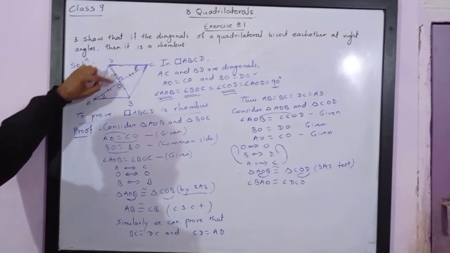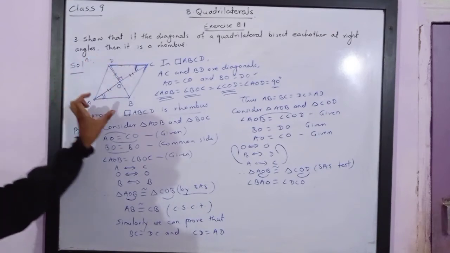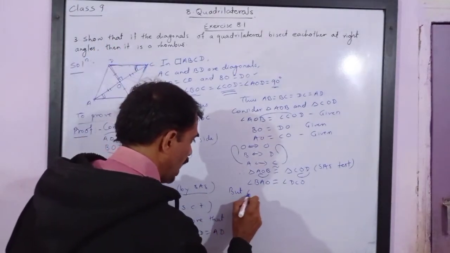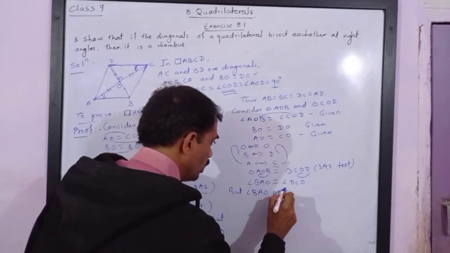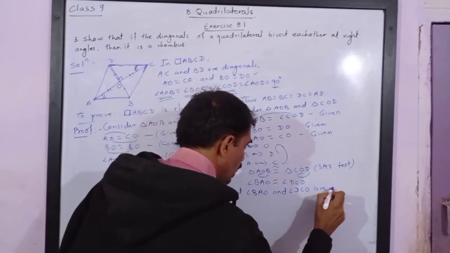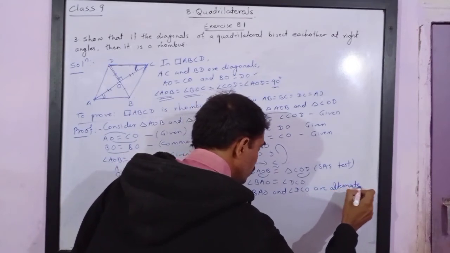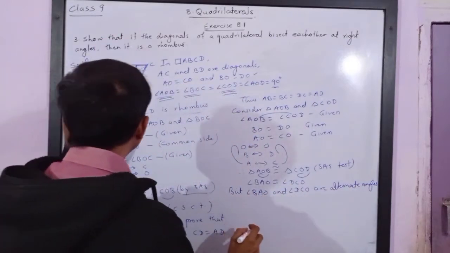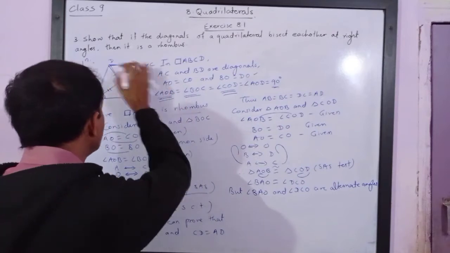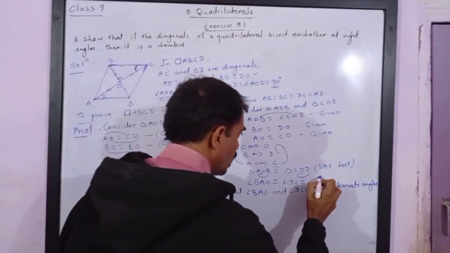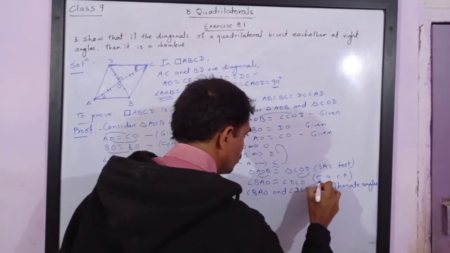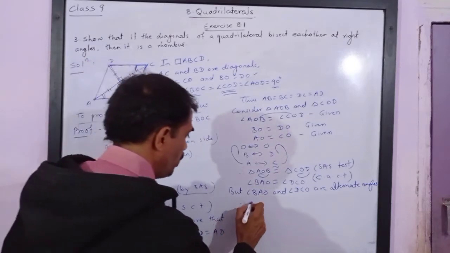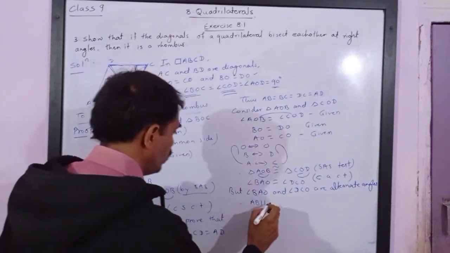Watch carefully, they are alternate angles, and if alternate angles are congruent, it means these sides are parallel. Angle BAO and angle DCO are alternate angles, and these are corresponding angles of congruent triangles. Therefore, I can say that AB is parallel to DC.